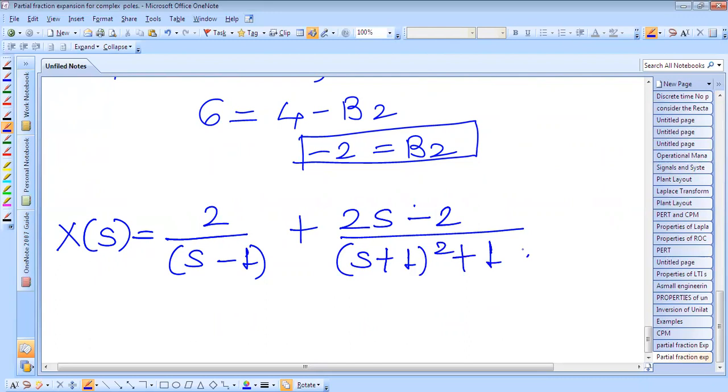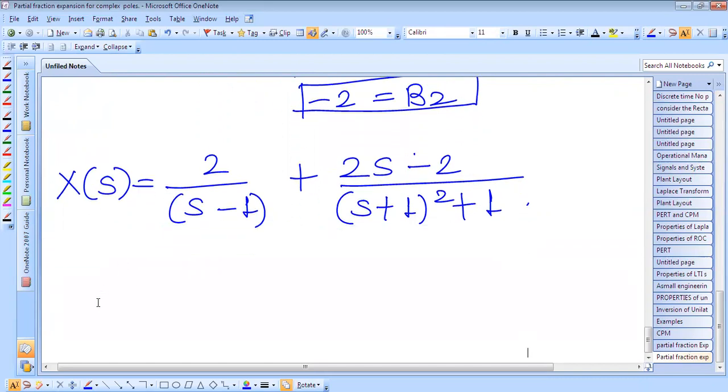Okay, so for simplification purposes we have to simplify this factor further.